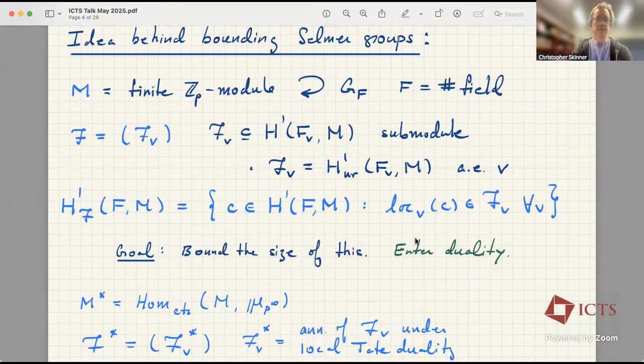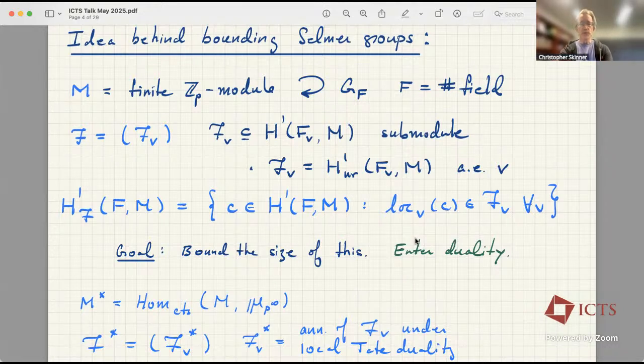All right, so I'll try to explain the idea behind bounding Selmer groups. We have some finite Galois module. Maybe for simplicity, I'll assume that it's of p-power order, so it has an action of Zp, and it is a module for the Galois group of some number field F. Then we give ourselves a collection of subgroups of the local cohomology groups of this module. These are local conditions.